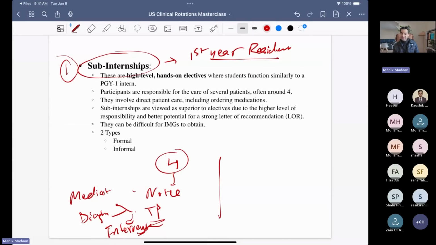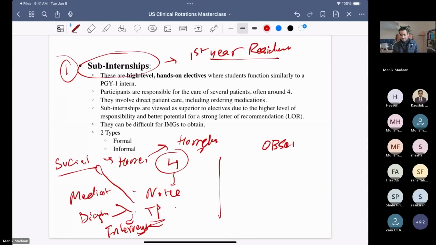It could be a paracentesis, for example, if somebody has cirrhosis. Not only that, you also went ahead and worked with the social worker because they were homeless. This patient doesn't have a home to go back to, and you figured out a homeless shelter for them. Versus an observer who all he or she did was shadow.